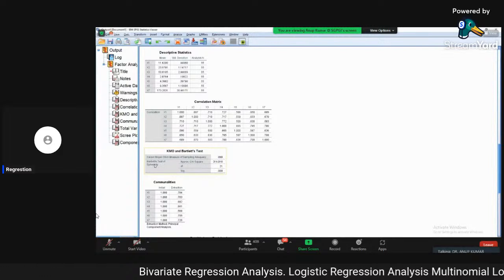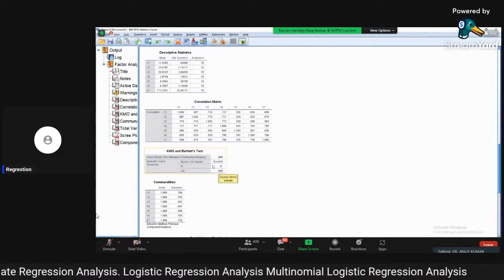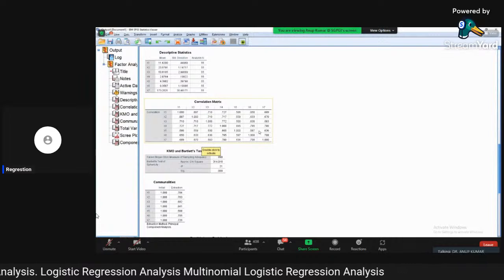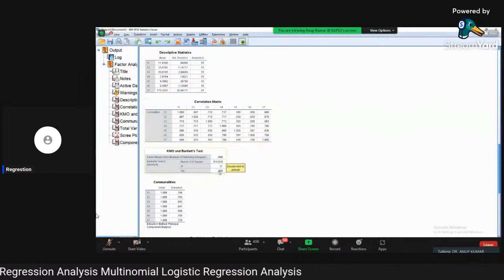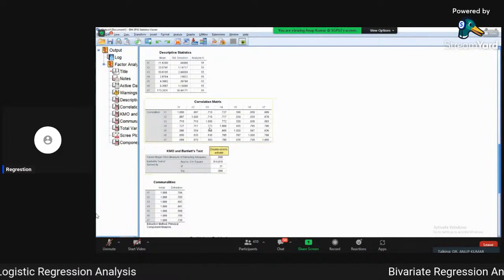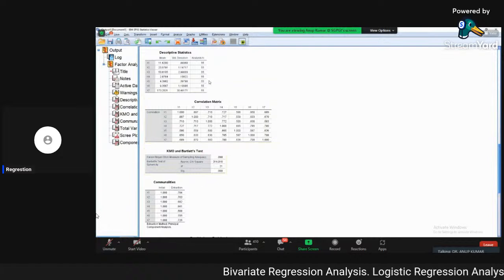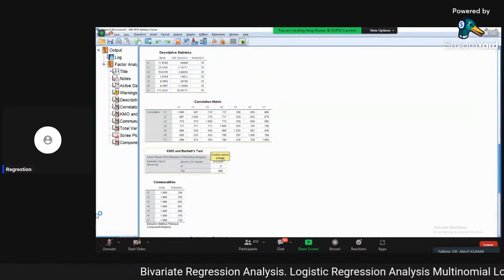And Bartlett's test of sphericity, I already told you, in this case the null hypothesis is that this matrix is an identity matrix. So this is rejected. Okay. So both of these tests are suggesting that doing a factor analysis on this data is a good thing.